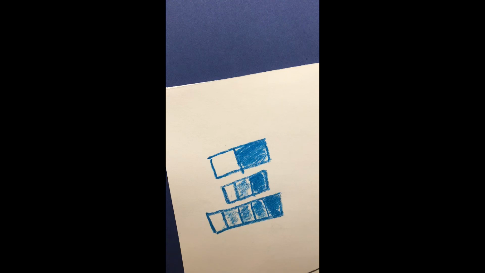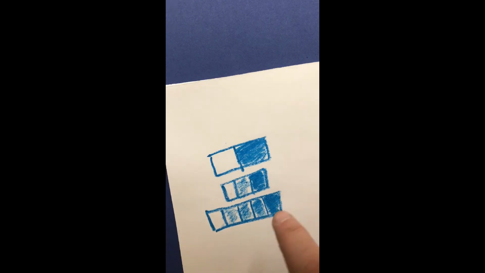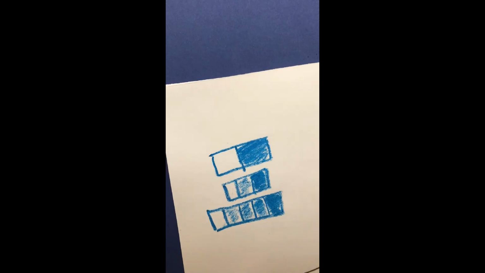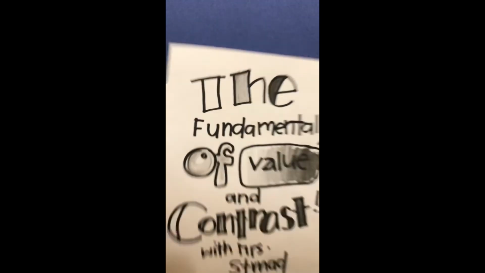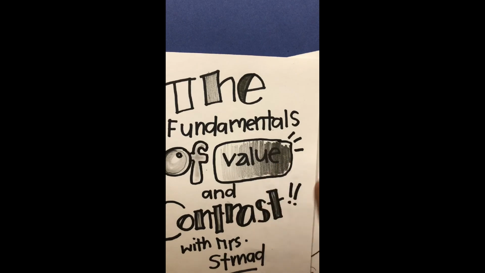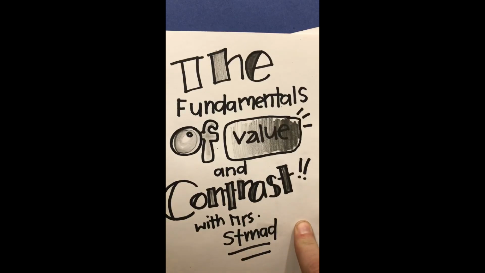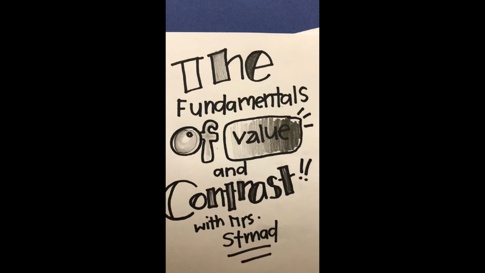It's not just a monochromatic piece now. You have 5 colors you're using in your painting. You need to be able to break down value for every single one of those colors. So that, my friends, is why we start the fundamentals of value and contrast in pencil.